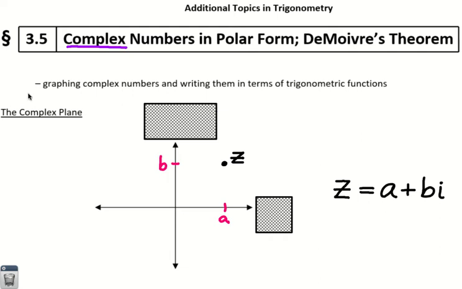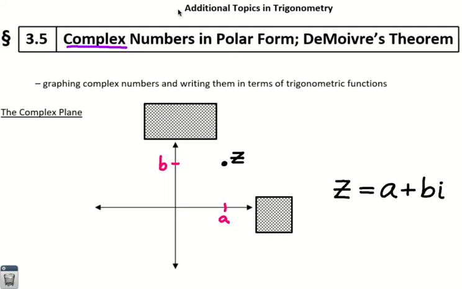And so if a was 0, then we would have what would be strictly an imaginary number. And if b was equal to 0, then we would have a number that was strictly real.